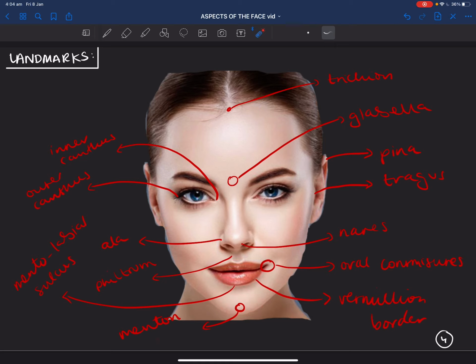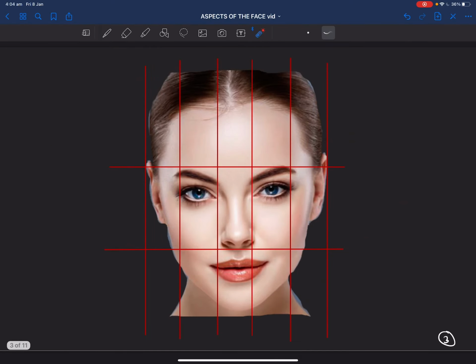So now if we go back here, we can see that the thirds are divided by the trichion to glabella, glabella to subnasal, and subnasal to menton.